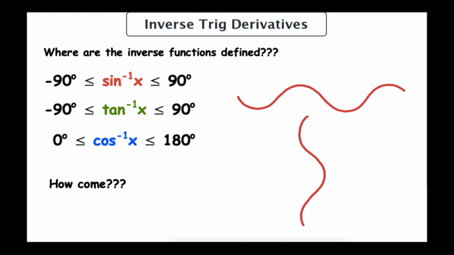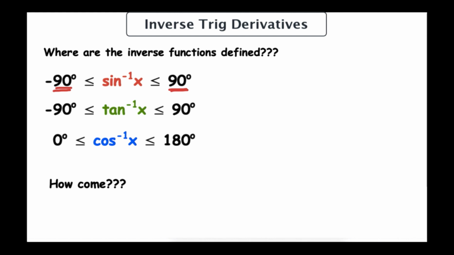They chopped it right here and right here and just pretended that the rest of this never happened. Nothing to see here, folks. And they just used that part of the graph, which actually does obey the vertical line test. That ends up being the part of the graph that's between positive pi over 2 and negative pi over 2.